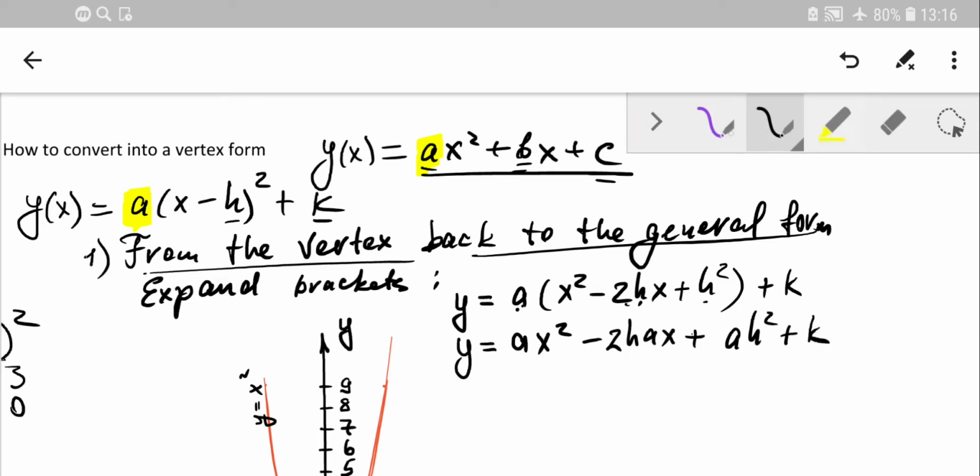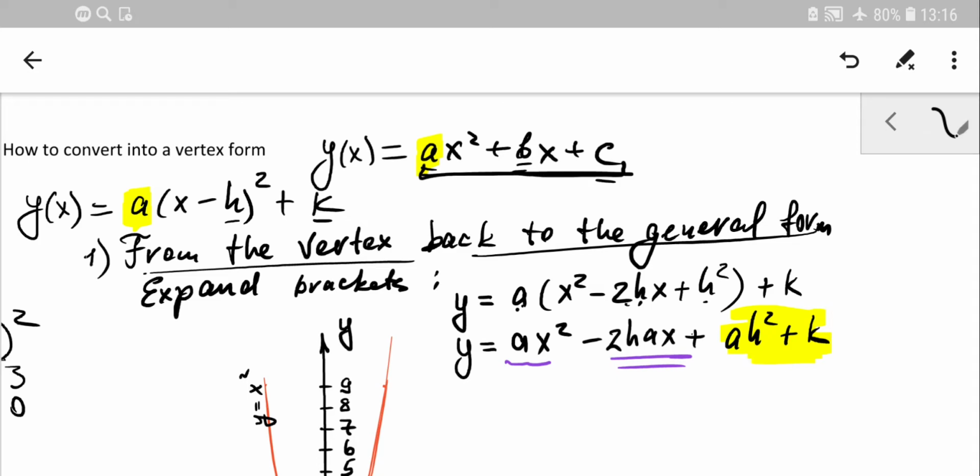Okay, so now I just simply group. That's the first leading term. This is the second term, or middle term. And finally, this expression is simply the free coefficient, because h and k are numbers. Okay, so here we've got x squared, bx, and c. So we've got ax squared, let's restore the same form, bx, and finally c.